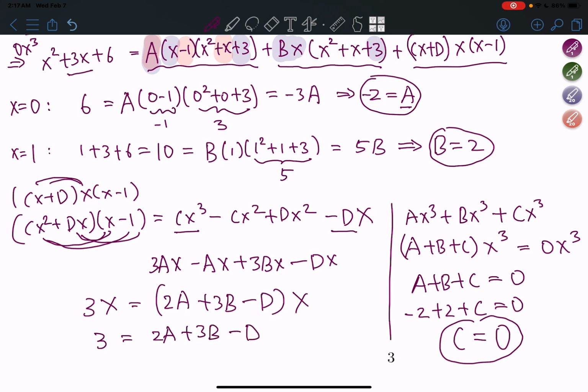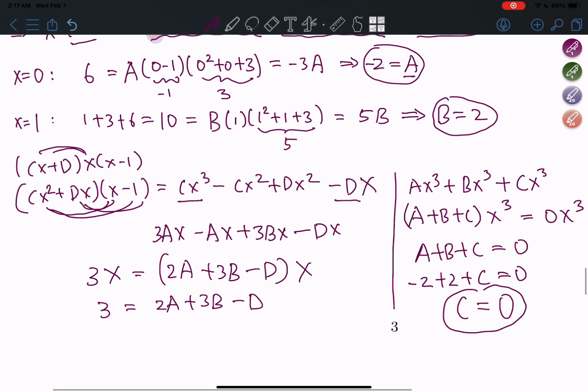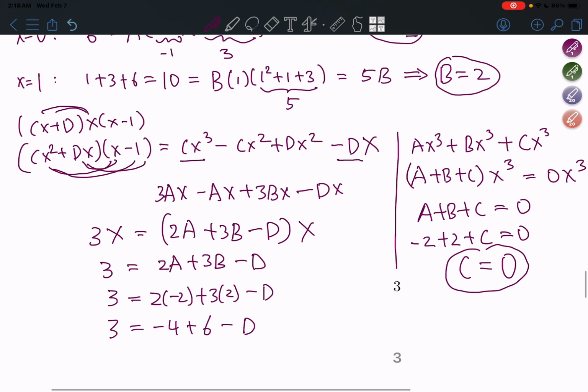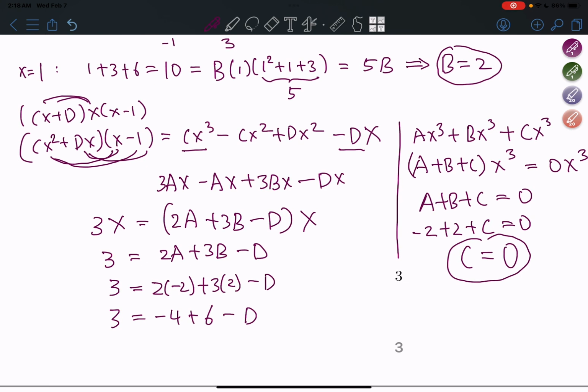And we know what a is, we know what b is. So this is equal to 2 times negative 2 plus 3 times 2 minus d. And 3 equals negative 4 plus 6 minus d. Let me double check that real quick. So I got 3 equals 2 minus d. I guess d is equal to negative 1.